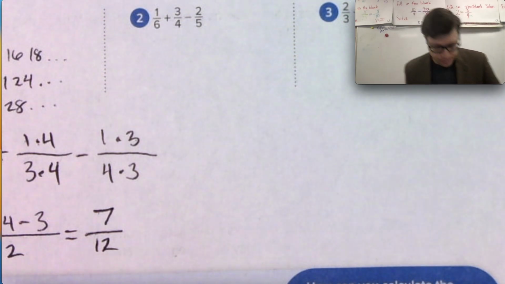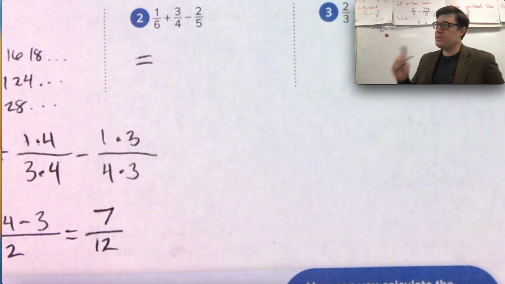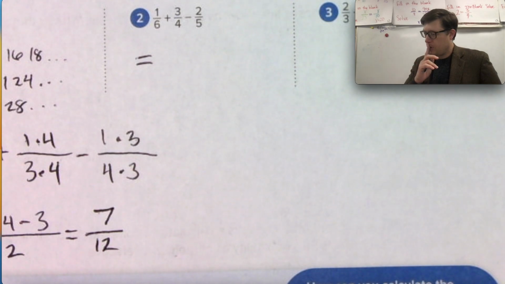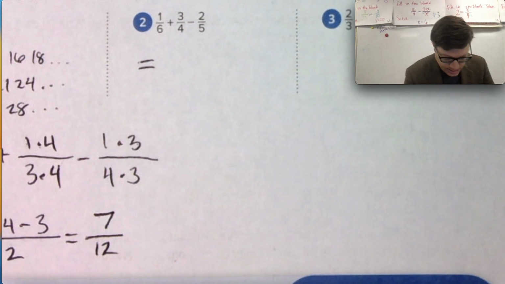Okay, continue with number 2. The denominators 6, 4, and 5, they all can multiply up to 60.